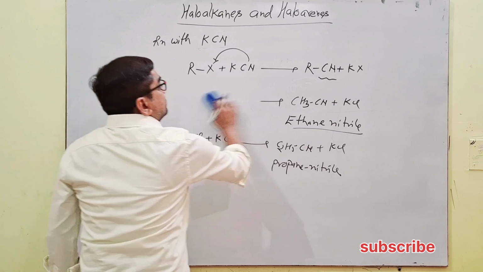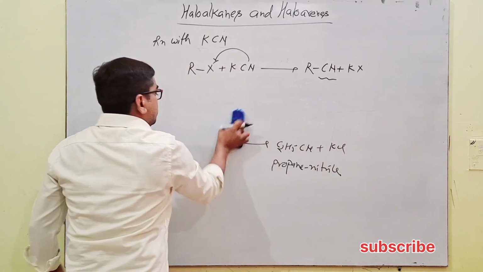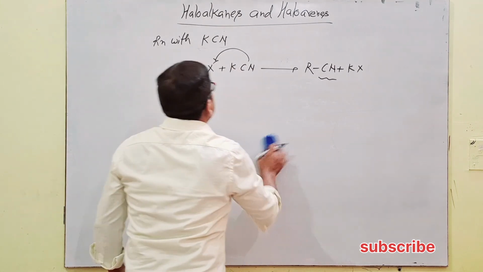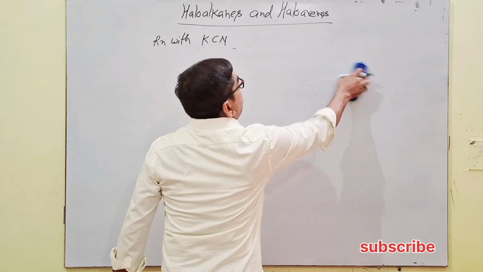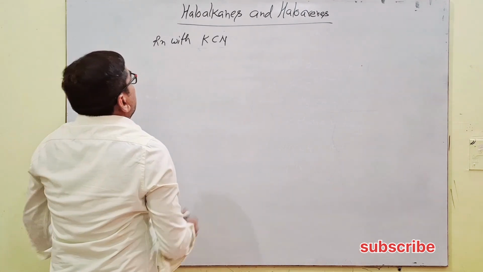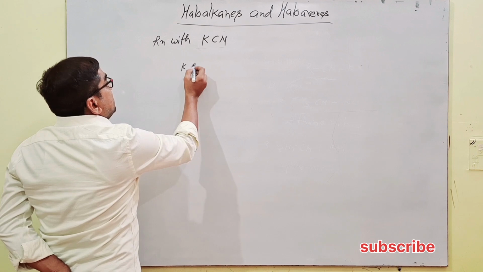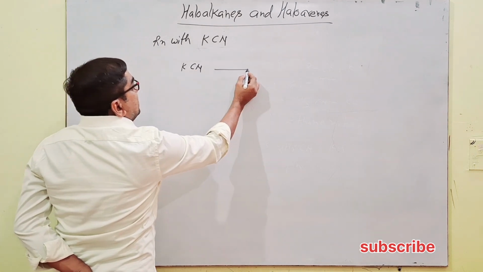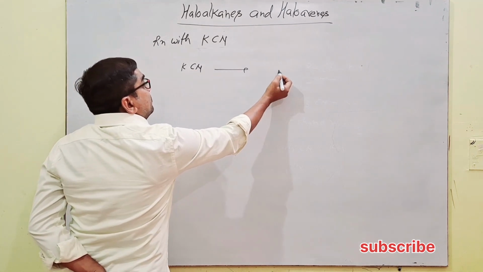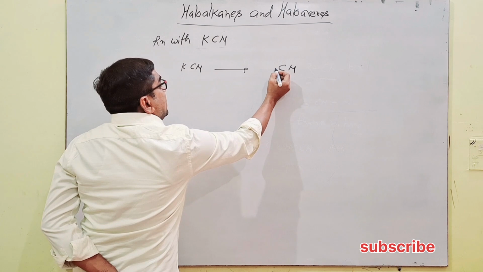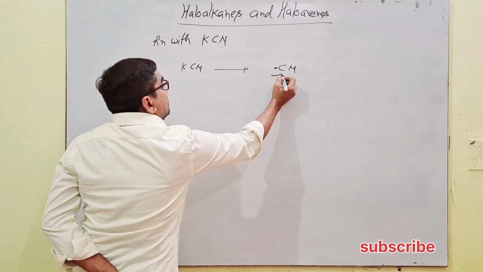Next is why potassium cyanide KCN, when it reacts with alkyl halides, gives the cyano product, meaning this CN gets attached with this carbon.